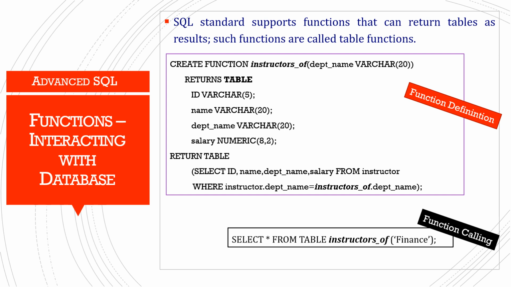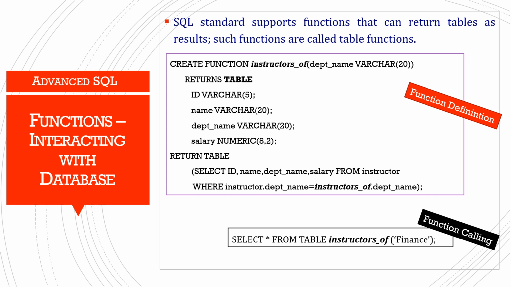This table consists of 4 attributes: ID, name, dept_name and salary. Then the select statement: select ID, name, dept_name, salary from instructor where instructor.dept_name is equal to instructors_of.dept_name.